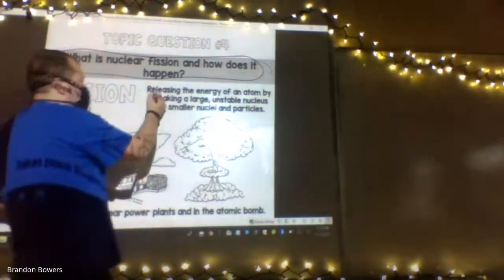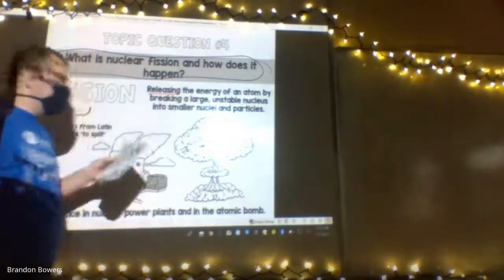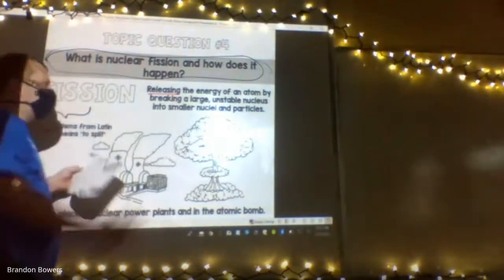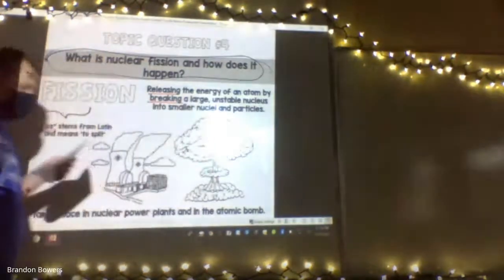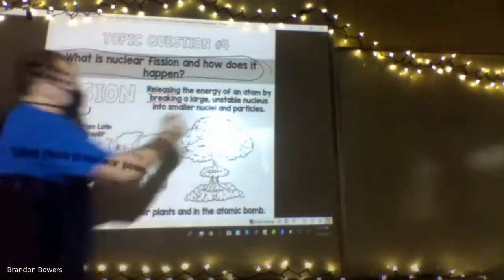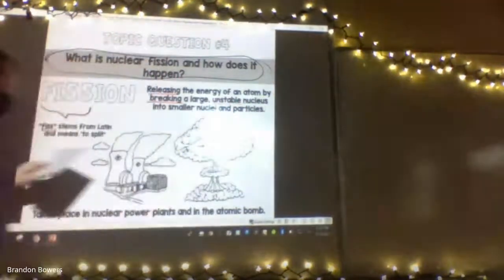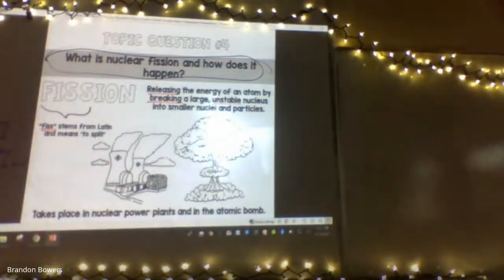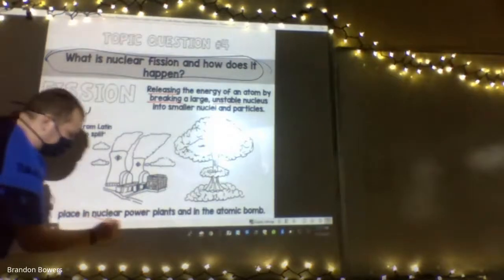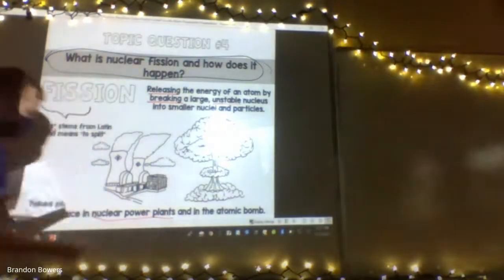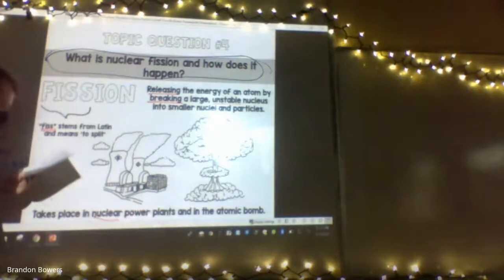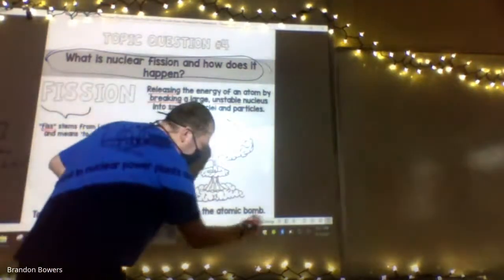Now, fission is releasing the energy of an atom by breaking a large, unstable nucleus into smaller nuclei and particles. And way at the bottom, it says it takes place in nuclear power plants and in atomic bombs.